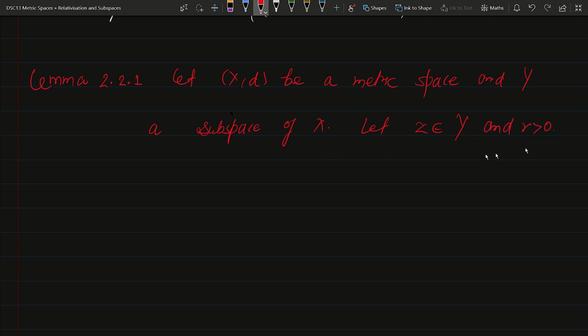Then the conclusion is that any ball in Y centered at z with radius r can be seen as the ball in X centered at z with the same radius r, intersection Y. This is an important lemma for this particular lecture.